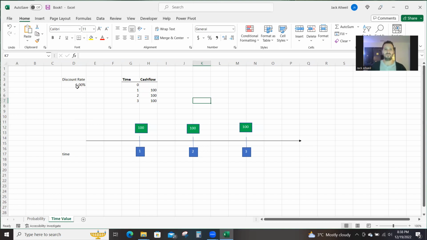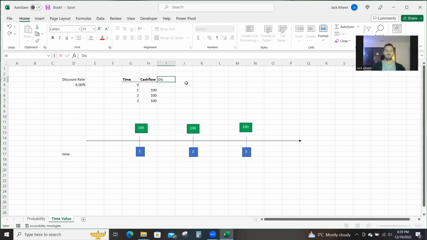If you were to invest at 6%, you would need less than $100 now to get $100 in year one. You need even less to get $100 in year two. But we want to bring all three of these cash flows back.